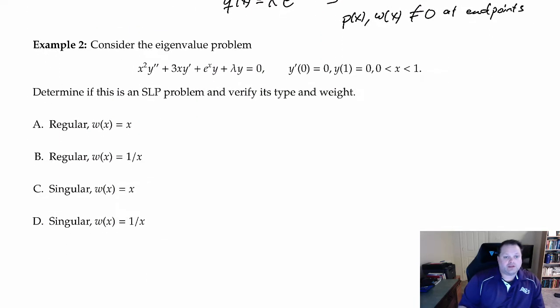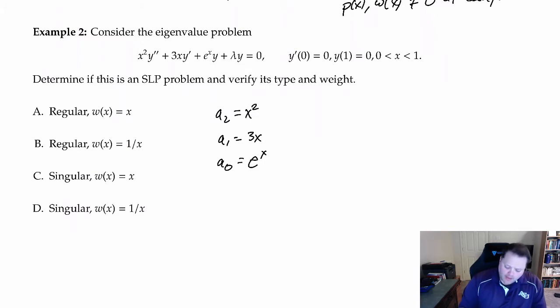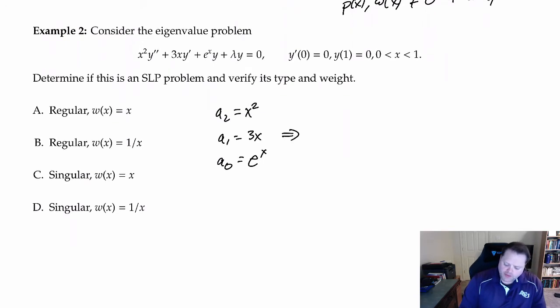Okay, let's do a similar problem here. So A2 is x squared, A1 is 3x, A0 is e to the x. And so let's see, W of x then is e to the integral A1 minus A2 prime over A2.